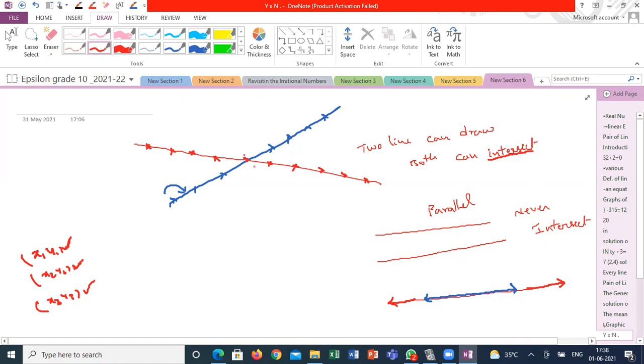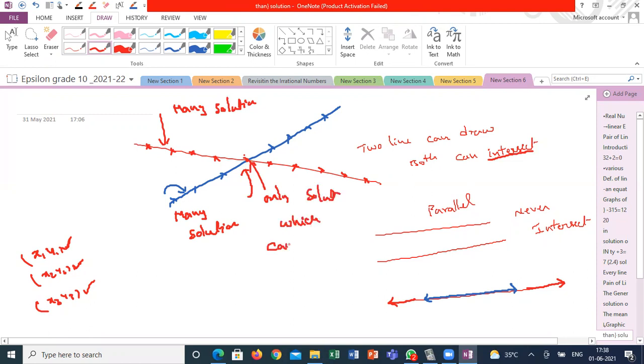Yes, sir. So from this we can understand the blue color line has many solutions, as per yesterday's discussion. The red color line also has many solutions. But there will be only one solution which can satisfy both the lines.